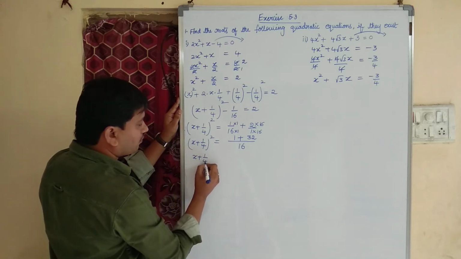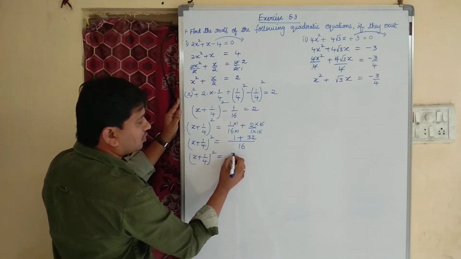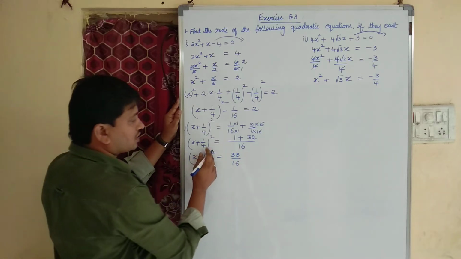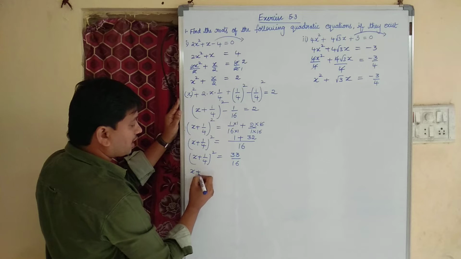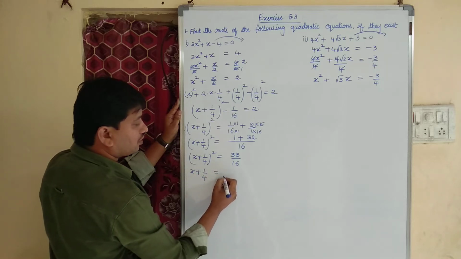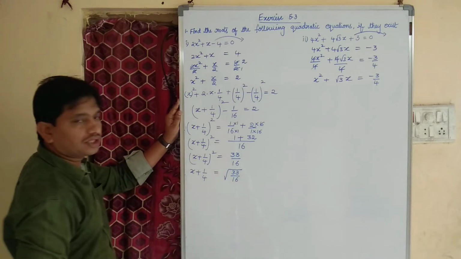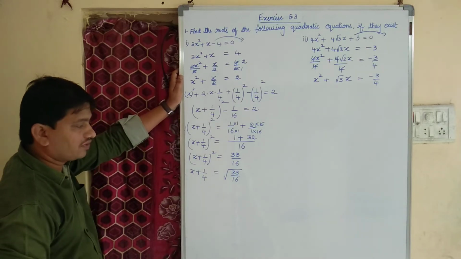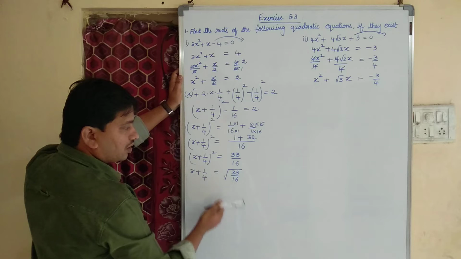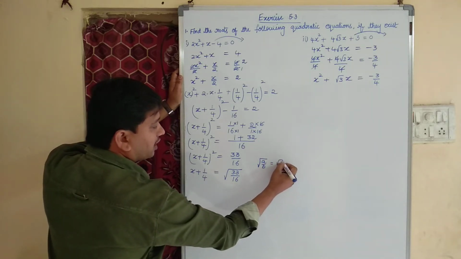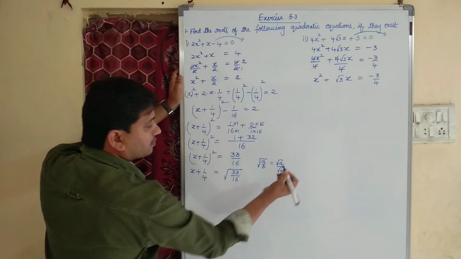(x + 1/4)² = 1 + 32, that implies 33. Square you transpose: x + 1/4 = √(33/16). Okay, students, we have the formula √(a/b), which we can write as √a / √b.